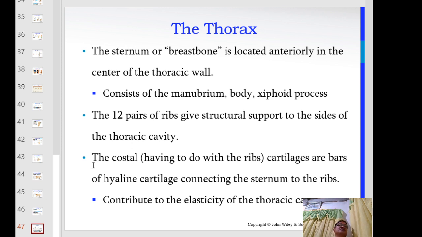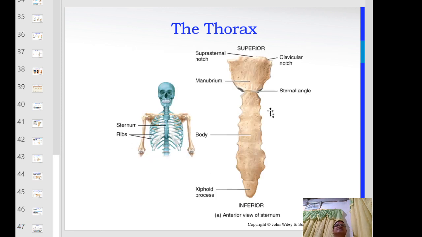So, ang classification lang ng ribs, naka-attach na siya diri, no, ang imuhang ribs, no, sa first 8 nga ribs. Okay, 9, 10, 11, 12. So, ang first 8 ribs, naka-attach na siya directly diri sa sternum.